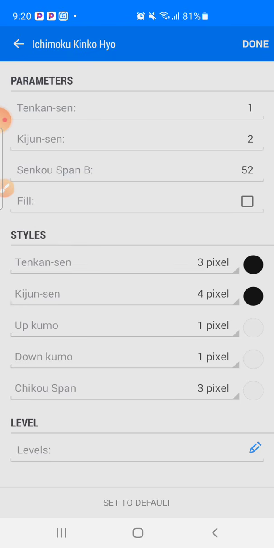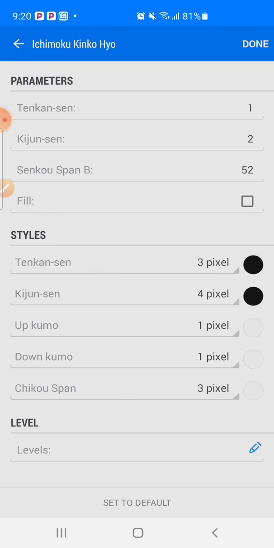Then the next one is the Ichimoku. You have your 1, 2, 50, 52. Don't click this, just leave it empty. Then you can see my setup here. The first and second, you change it to any color of your choice.